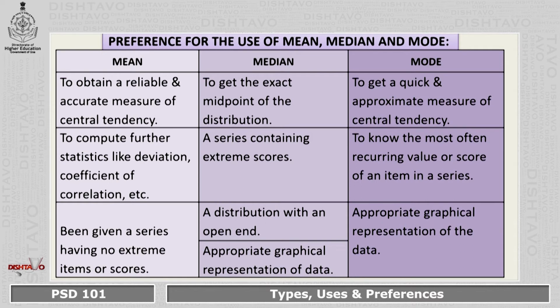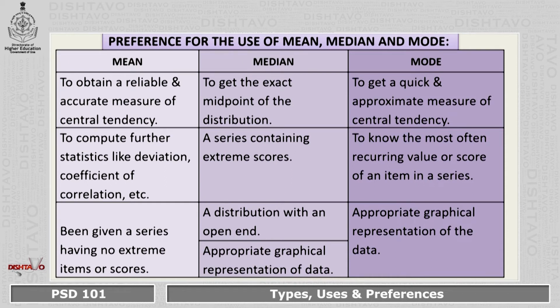But in what kind of situations these three measures will be used is called the preference for the use of mean, median, and mode. When we want to obtain a reliable and accurate measure of central tendency, we calculate the mean.